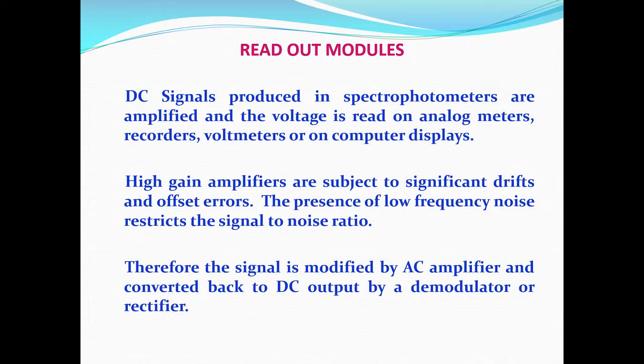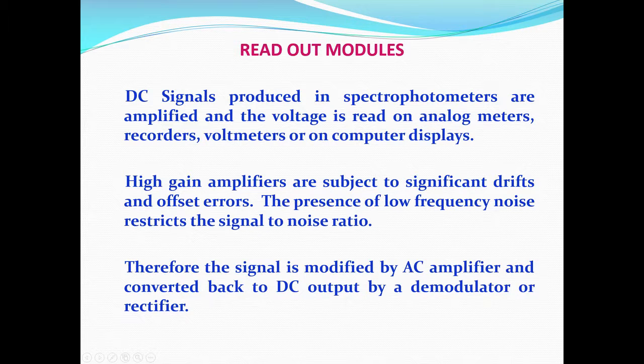So, the signal is modified by an AC amplifier and converted back into DC output, because whenever we need spectrophotometer measurements, we need a DC output, not AC output. That is done by a demodulator or a rectifier.